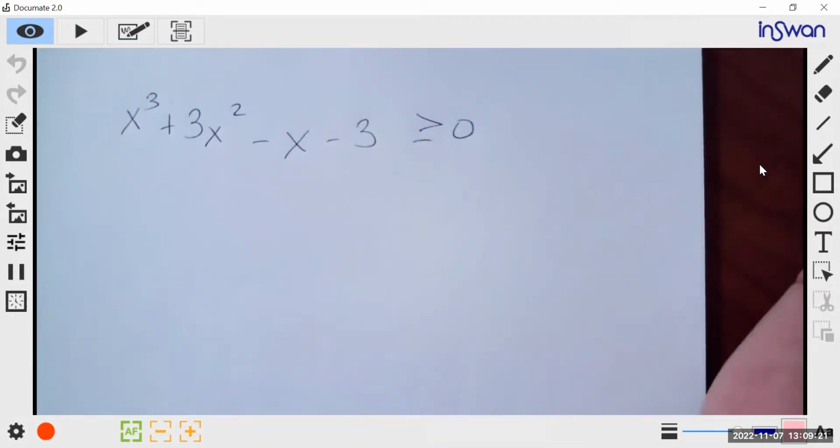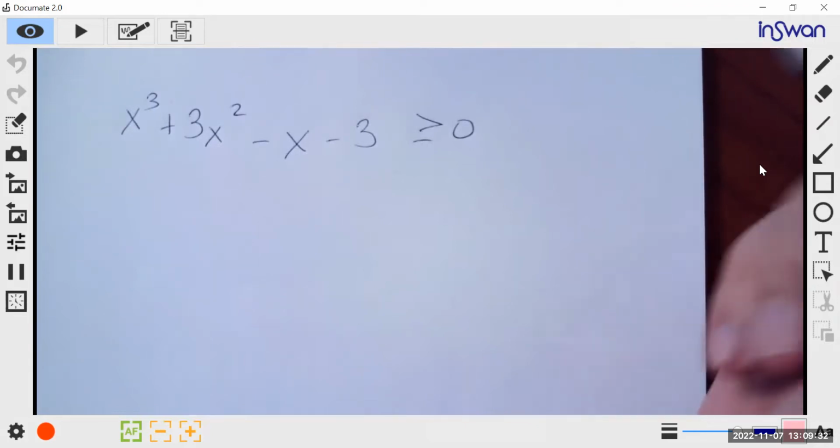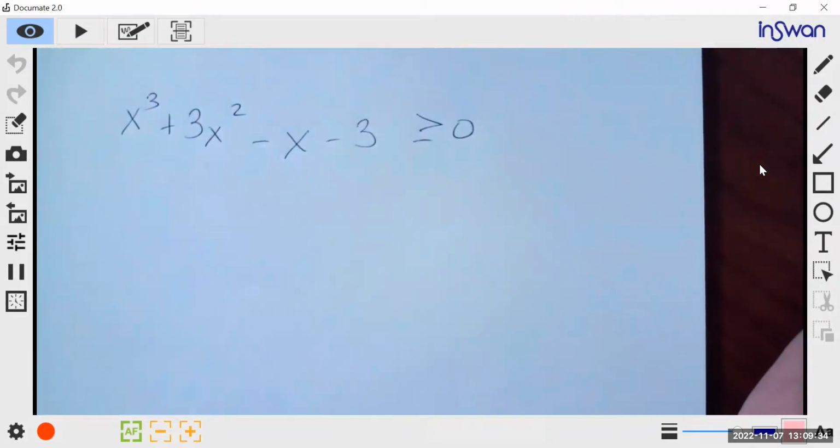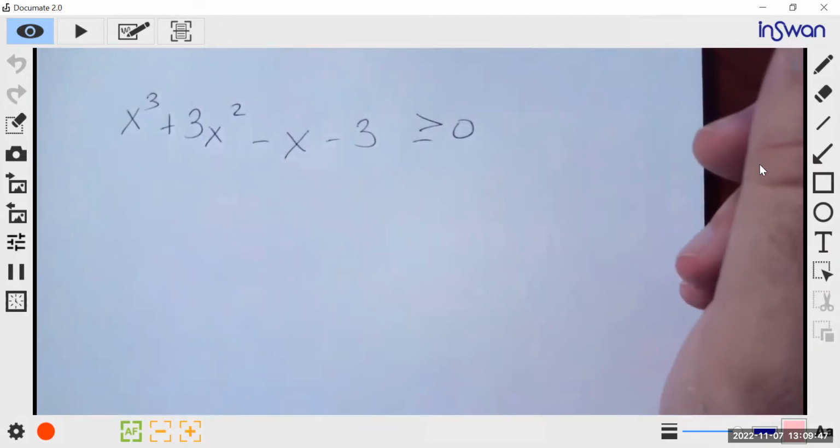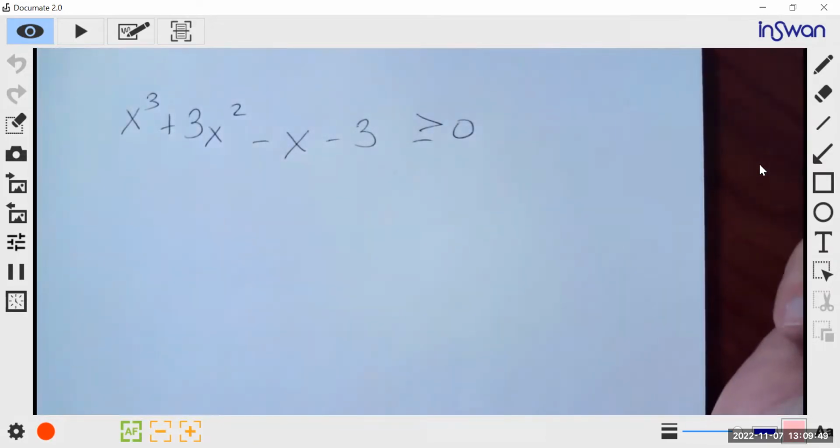We learned a whole bunch of them, so we can use any of them. We want to know what the x-intercepts are. What did we do last class? We went through an entire example of how to do this stuff.